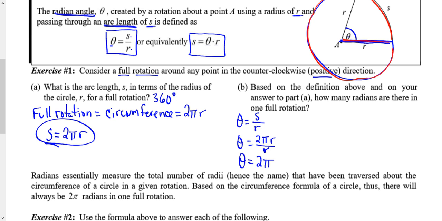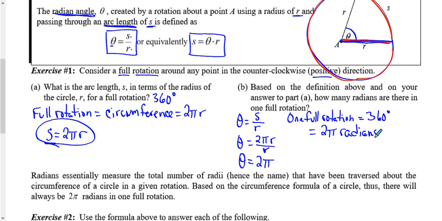All right, so let's think about this. One full rotation equals, we know it's 360 degrees, right? But now we also know that it equals 2 pi radians.